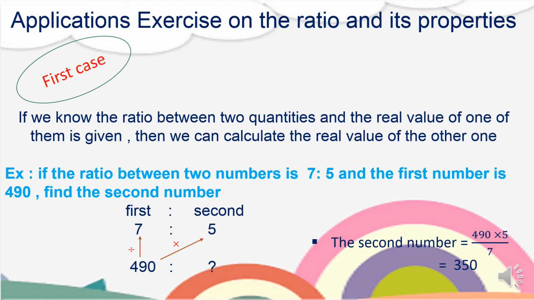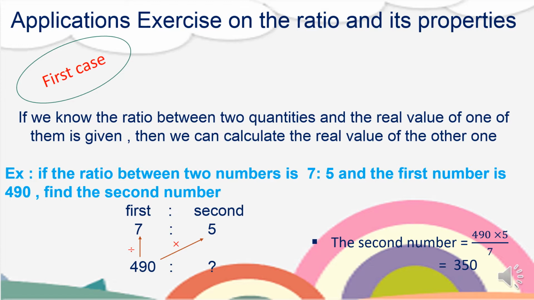Again, the first case: if we know the ratio between two quantities and I give the real value of one of them, I can calculate the real value of the other.